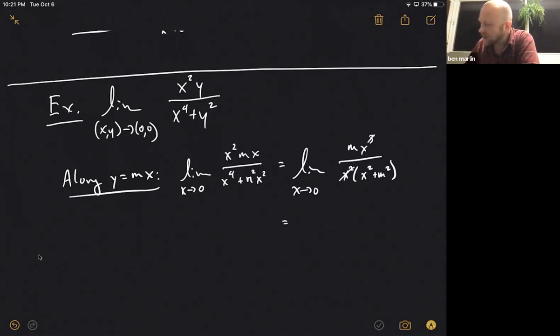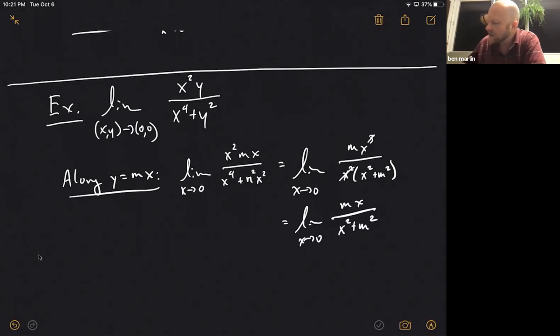The top has limit as x goes to 0, and it should have this mx and x squared plus m squared there. So it looks like the answer we ought to get out of this is 0, no matter what straight line that we go on, right?